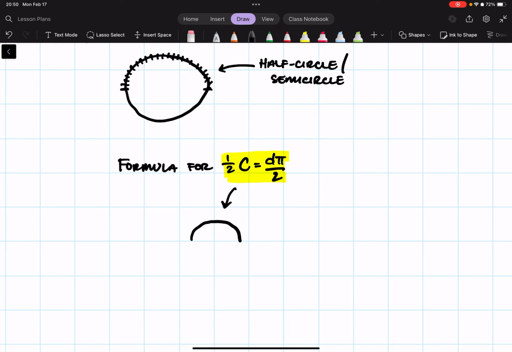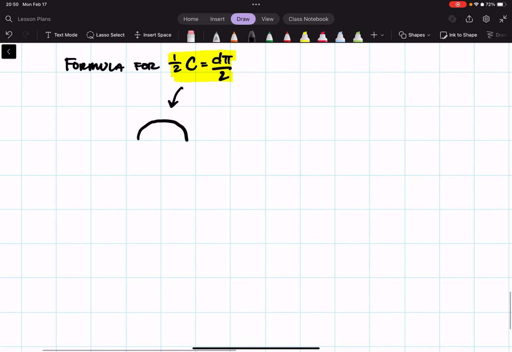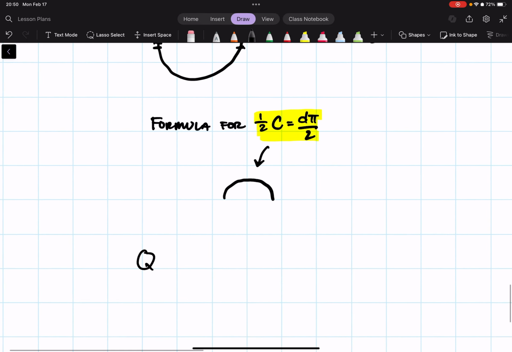And the next section, if we do understand this, should be fairly simple, and that is finding a quarter of the circumference.